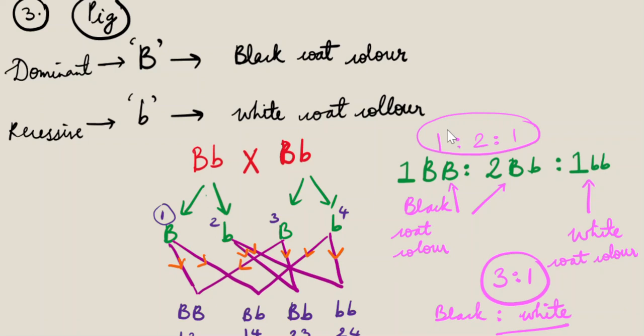So this is the third question which I wanted to take for today's class. Further, we will proceed to the next topic. What is Punnett Square? Now we will consider what a Punnett Square is.